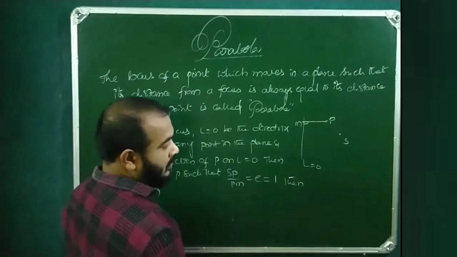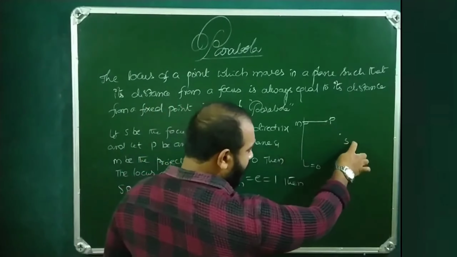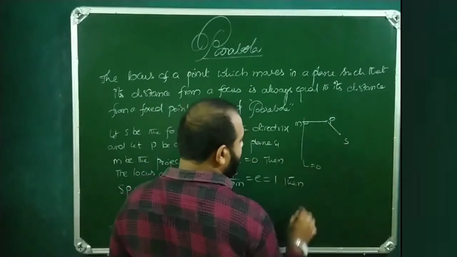That means let P be any point in the plane, its distance from a fixed point, that is the focus, and its distance from a fixed line, these two must be equal. Likewise, if you take another point, P2, its distance from the fixed point and its distance from a fixed line are equal.